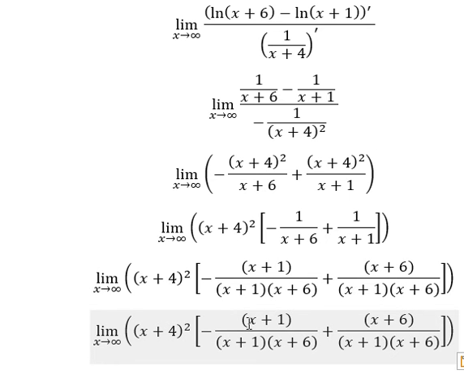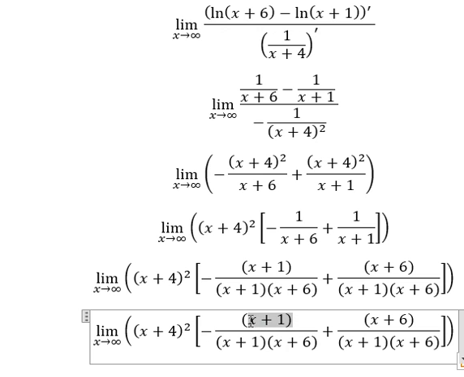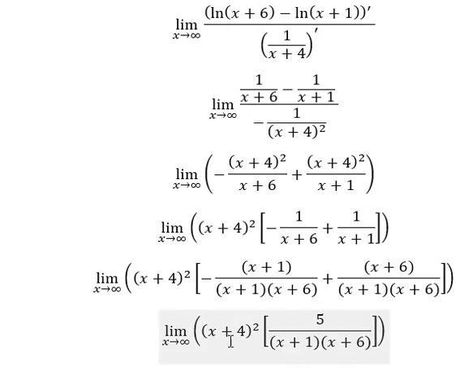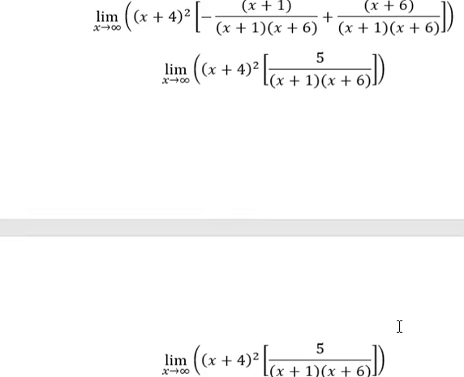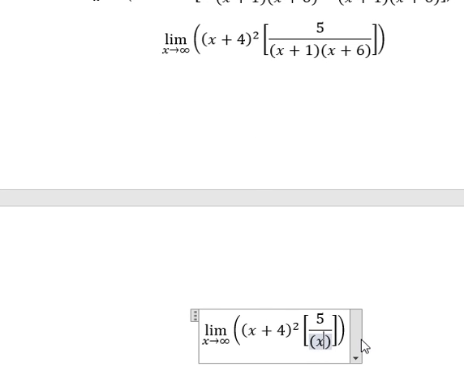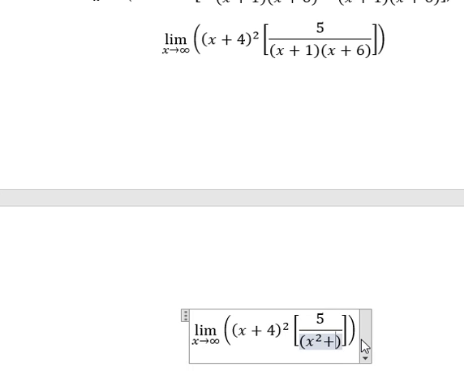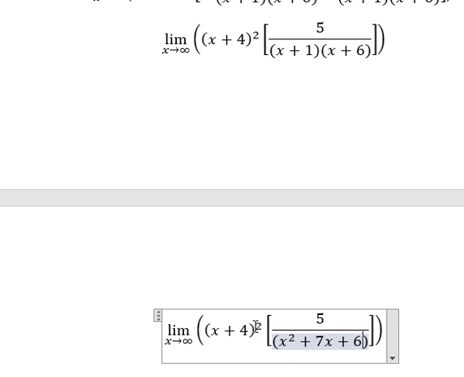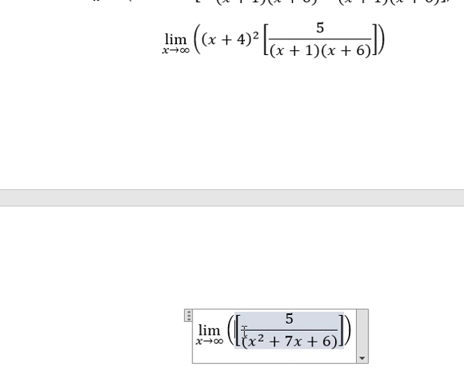Now, negative x, positive x, we cancel. 6 minus 1, we have positive 5. So this one, we need to expand. And this one, we need to expand.